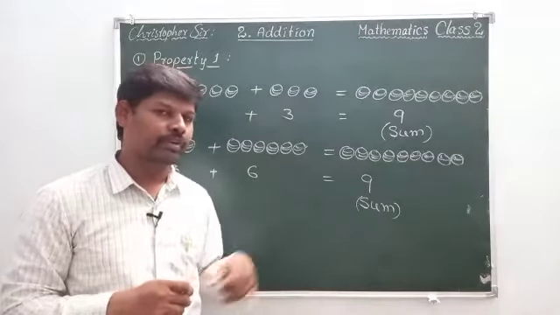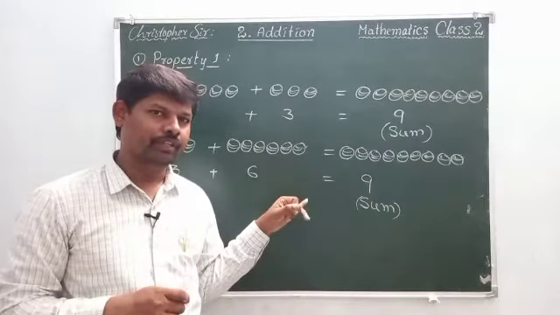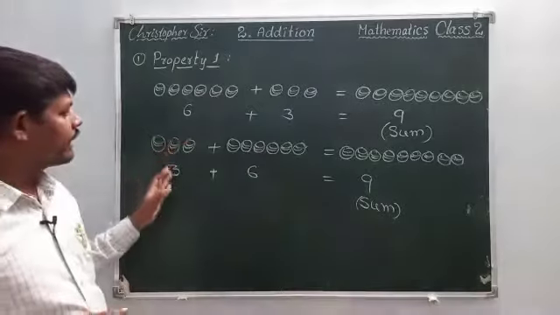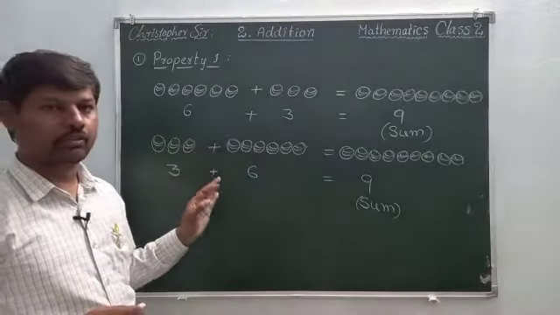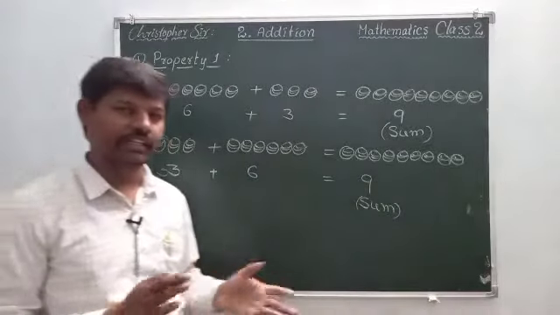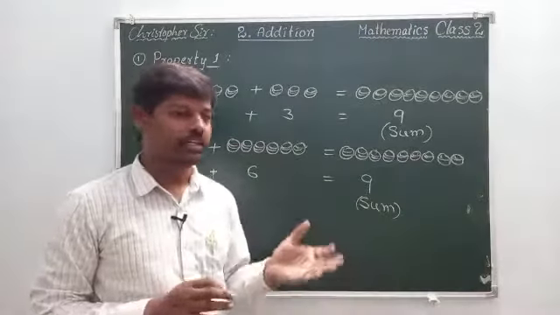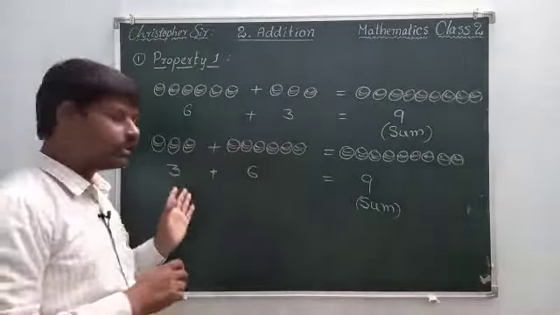So what do you observe from this? You are taking the same numbers 6 and 3, but you are changing the order. First you wrote 6 plus 3, next 3 plus 6.